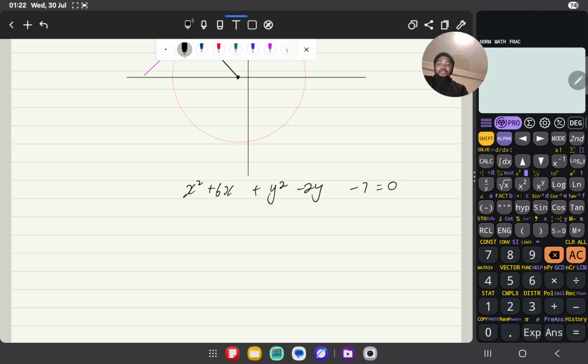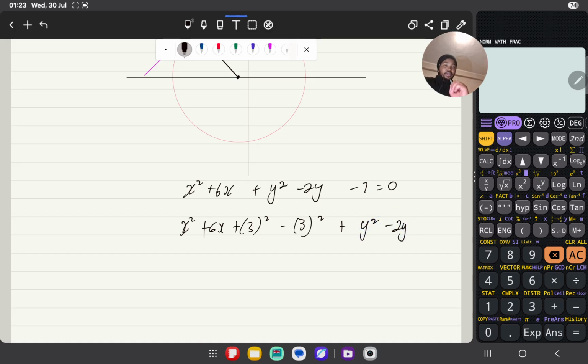Here you have x squared plus 6x. I take 6 divided by 2, I get 3, so I write plus 3 squared minus 3 squared. Then we have y squared minus 2y.